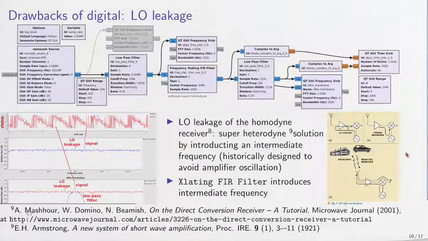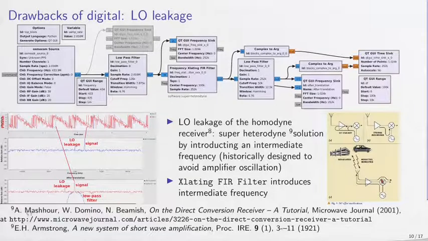So local oscillator leakage is described on this chart that was taken from a Microwave Journal article that you can find on the web. And actually it highlights an issue that was already met in 1921 by Armstrong when considering the superheterodyne architecture, where he wanted to avoid oscillation of the output stage by introducing an intermediate frequency that would cancel some of the imperfections of the radio frequency mixers.